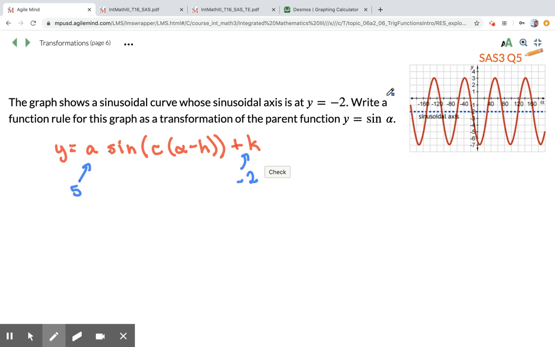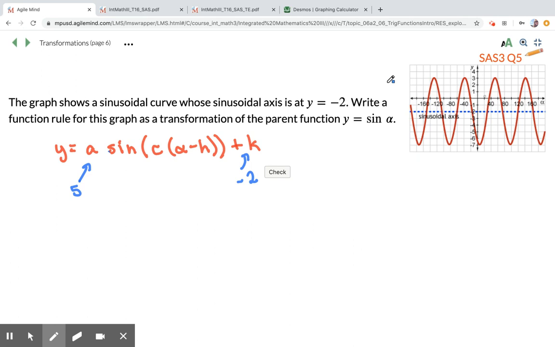Let's check that horizontal shift. I'm pretty sure this is supposed to be at 0. That is not at 0, right? We're supposed to start at 0 and go up and come down, and that is not at all what happened. How far off did we get?